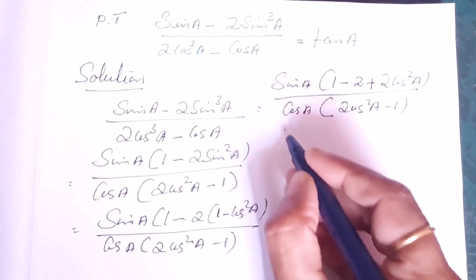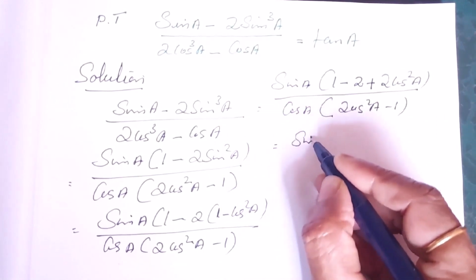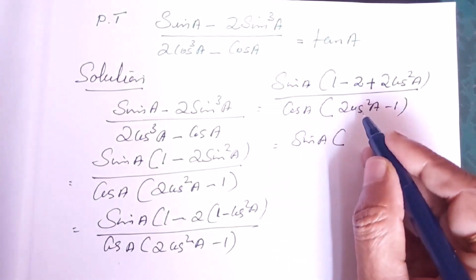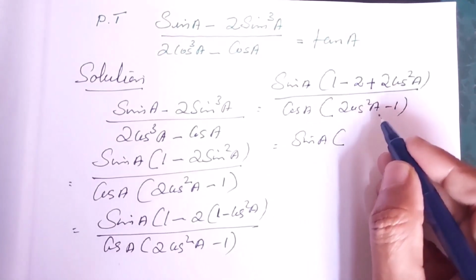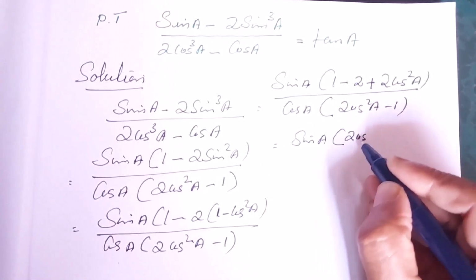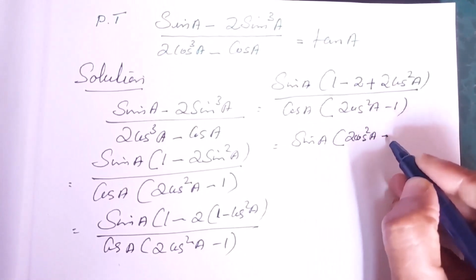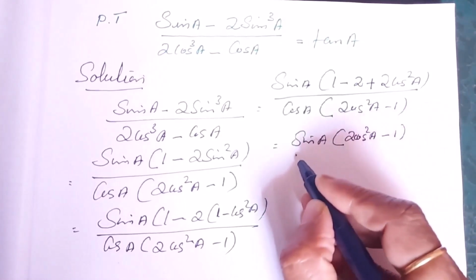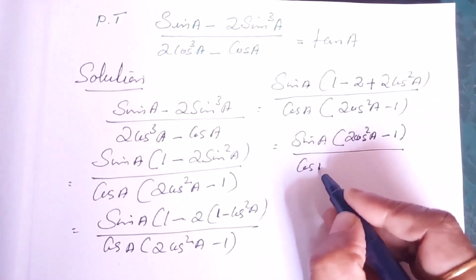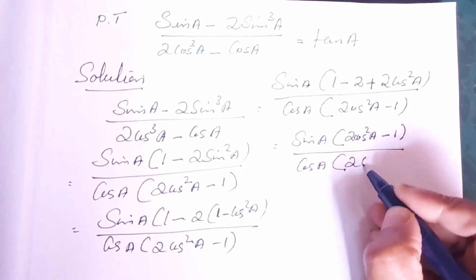Then that is equal to sin A into, what is 1 minus 2? It is minus 1, right? So it will become 2 cos square A minus 1 by cos A into, already we have this, 2 cos square A minus 1.